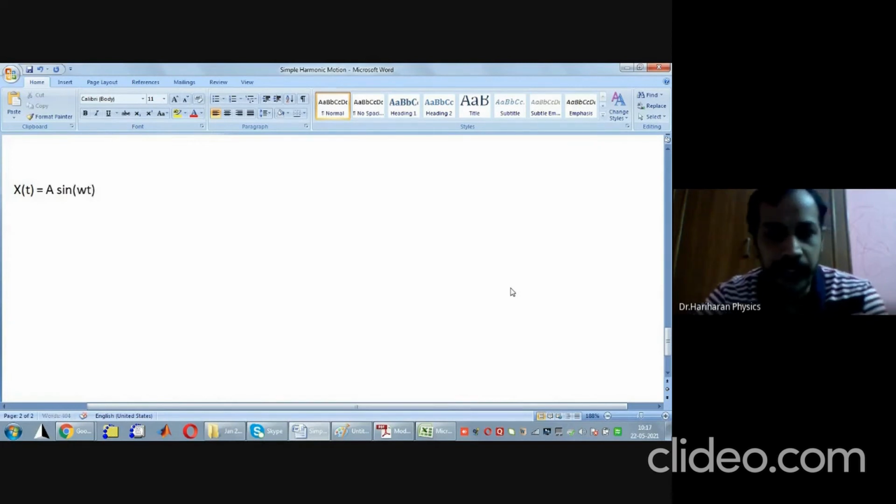All of you can see here what I have written. I have written a sinusoidal signal. Suppose a body is described by x of t is equal to a into sine of omega t.